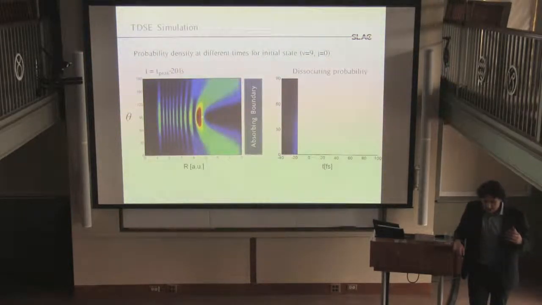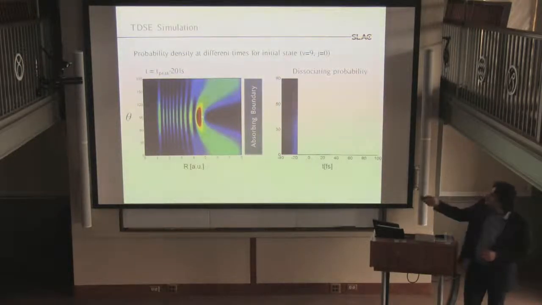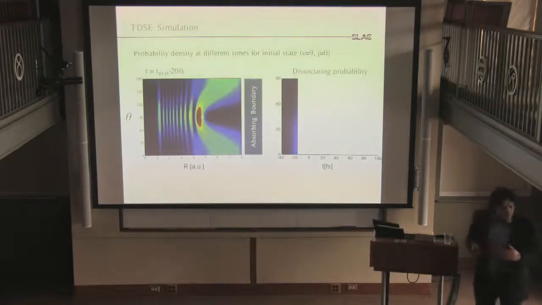This is what happens when we consider the pulse of 30 femtoseconds of intensity of 10 to the 13 watts per square centimeter. This is what we did in the experiment. So this is 20 femtoseconds before the peak of the pulse. Already we see things that we can easily understand. One of them is that this population is dissociated, and the closer the molecule is to the axis of the polarization of the laser, the more efficient the dissociation is.